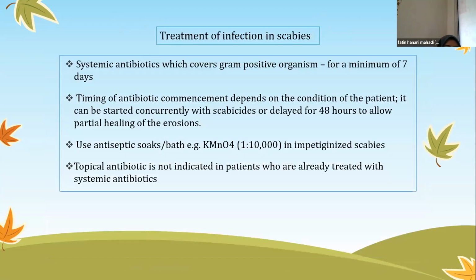Next, regarding the treatment of infection in scabies, secondary bacterial infection is a common complication due to disruption of the epidermal barrier caused by excoriation. Therefore, a systemic antibiotic which covers gram-positive organisms for a minimum of 7 days must be given.